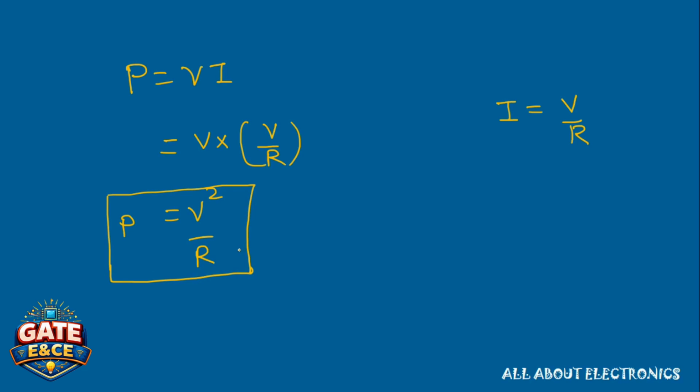Now we know that voltage can also be written as I into R according to Ohm's law.